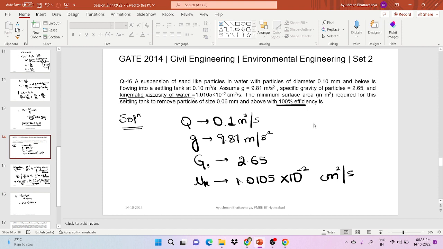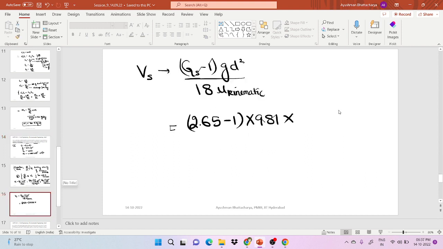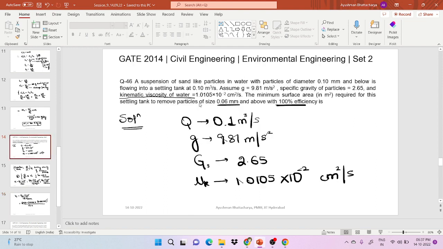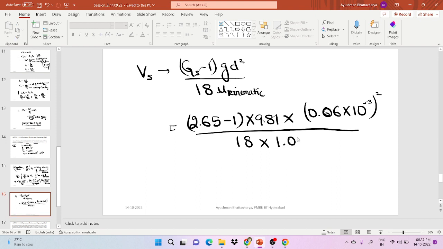Diameter of the particle to remove is 0.06 mm, so we have to convert 0.06 mm into meter, divided by 18. Kinematic viscosity they have given as 1.0105 into 10 to the minus 5 meter square per second.